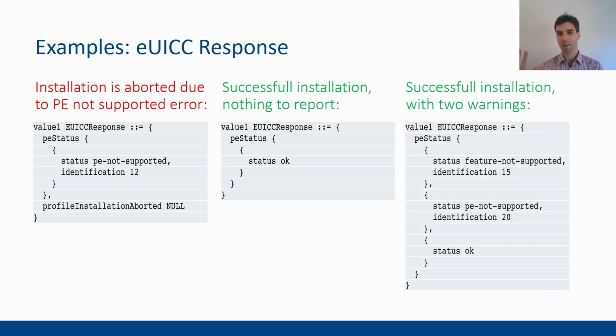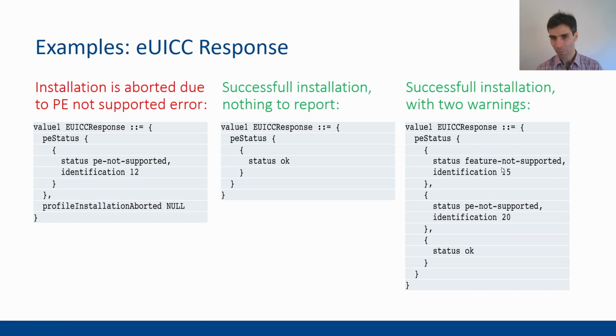And there is a third example when the installation went through, so the installation is successful, but there are two warnings. The first one is for the PE15, a feature not supported warning, which indicates that within this profile element there is some feature which is not supported by the EUICC.